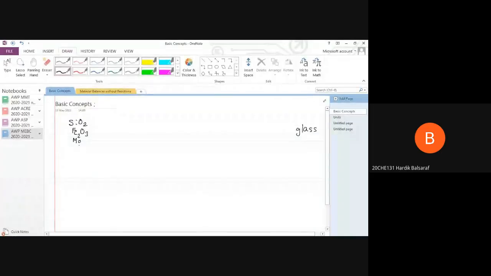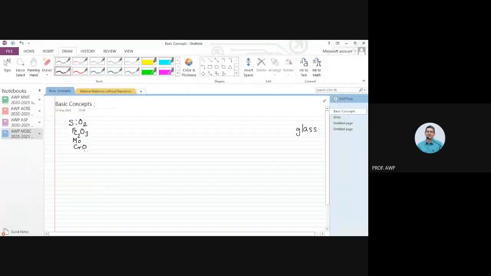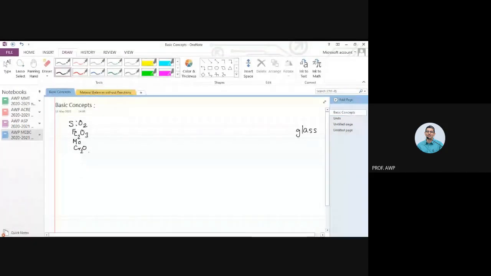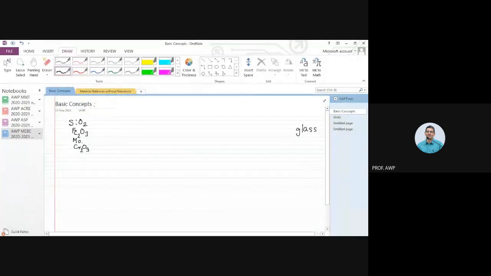Chromium is also there, chromium oxide. All of them are oxides. Chromium oxide is in what form? Cr2O3, 3 plus valency. Molybdenum oxide, plus 2 valency, plus 4 valency. Okay, chromium oxide. What else?